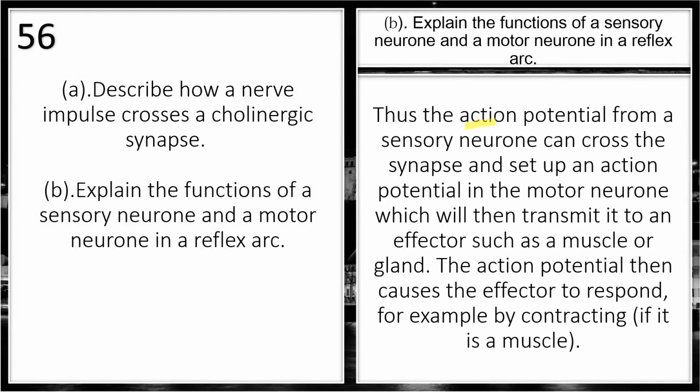Thus, the action potential from the sensory neuron can cross the synapse and set up an action potential in the motor neuron, which will then transmit it to the effector, such as a muscle or gland. The action potential then causes the effector to respond, for example, by contracting if it is a muscle.